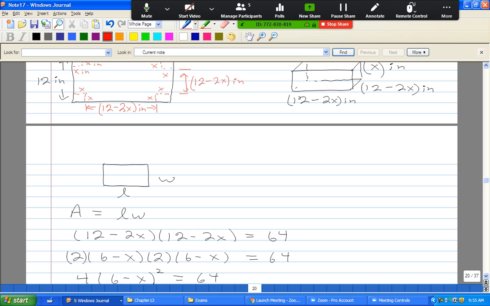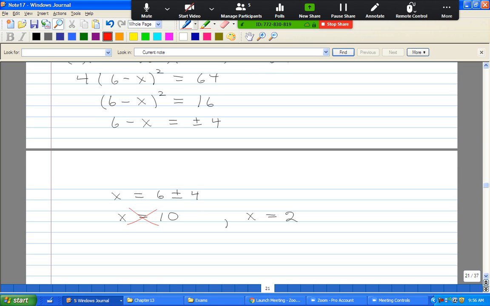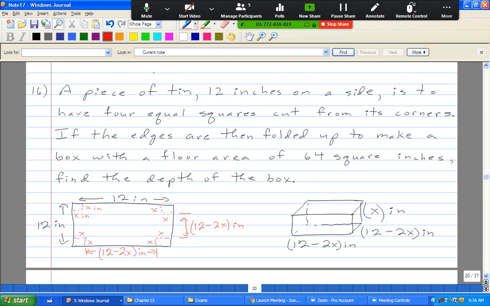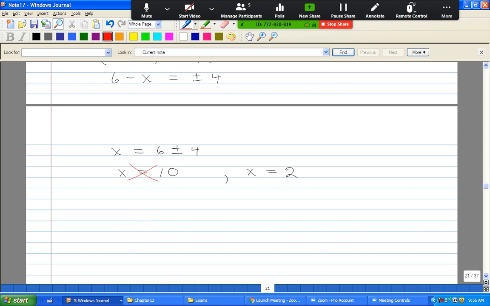Then it's just 12 minus 4, that's 8. So everything makes sense. And so 2 is fine. And so it says, find the depth of the box. Well, the depth of the box is 2 inches.